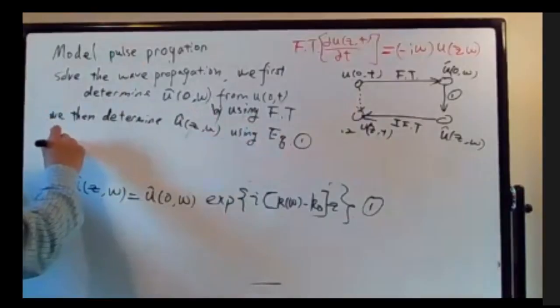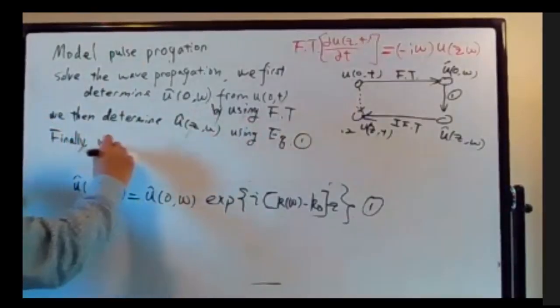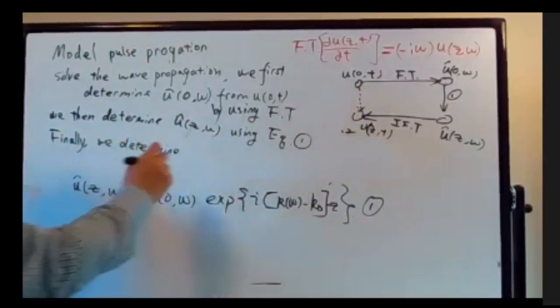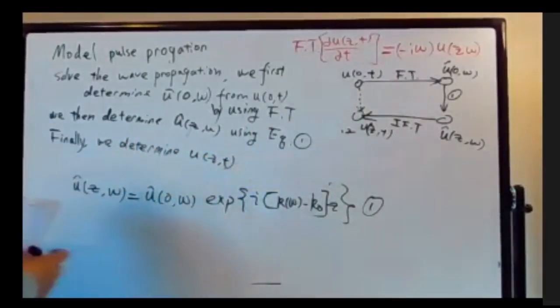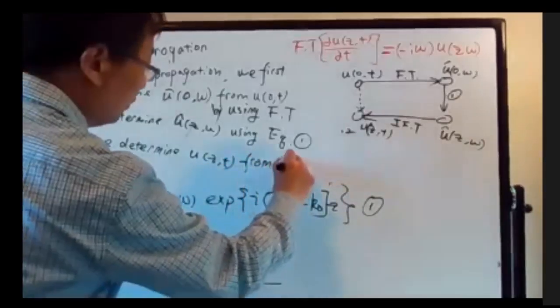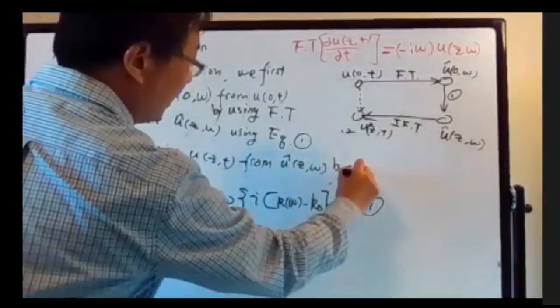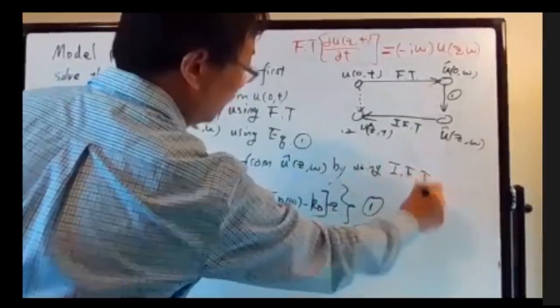Finally, we determine UZT from U hat Z omega by using the inverse Fourier transform.